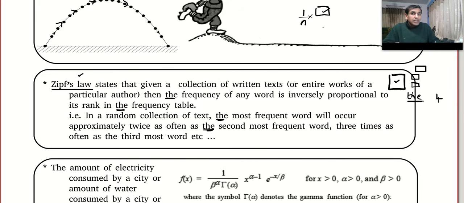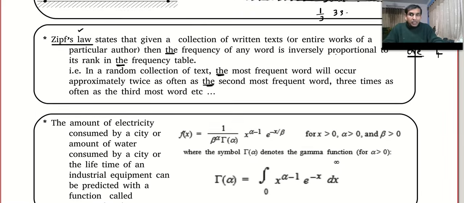That means if the most repeated word appears 10,000 times, the second most repeated word in that book will come approximately 5,000 times. And the third one will come 1 by 3 of 10,000, that will be approximately 3,300 times. And this is amazing and so weird, because imagine you write a book and still there is a pattern in the number of words.